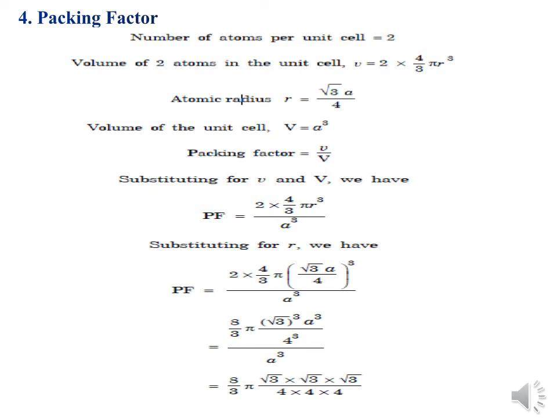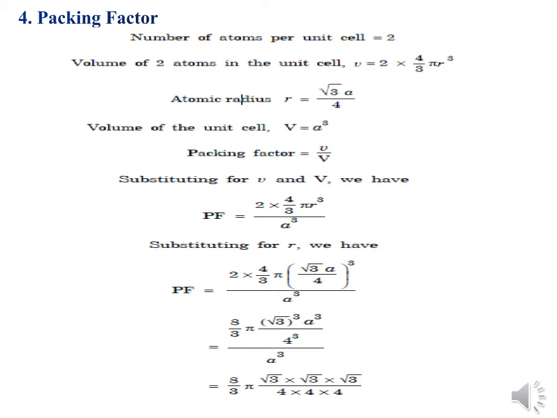Substituting for small v and capital V, we get APF equal to 2 times 4 by 3 pi r cube divided by a cube. Substituting for R, and simplifying, the atomic packing factor is 8 by 3 pi root 3 cube a cube divided by 4 cube, and total divided by a cube.